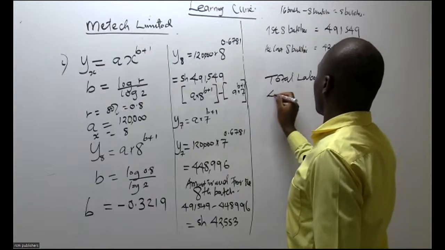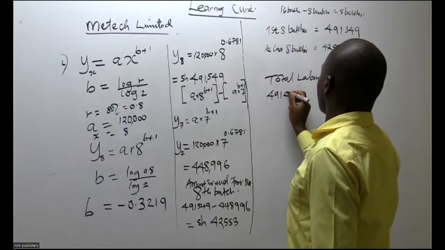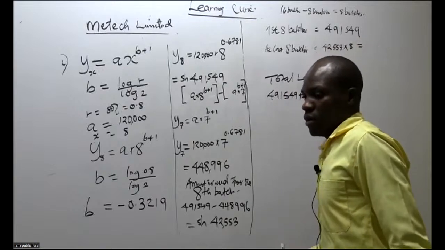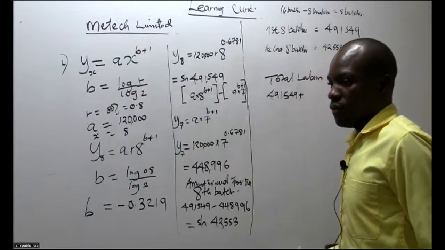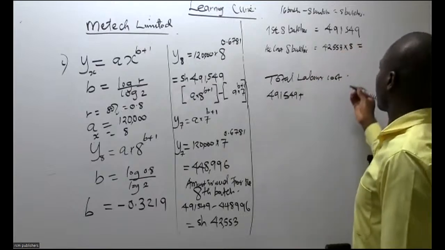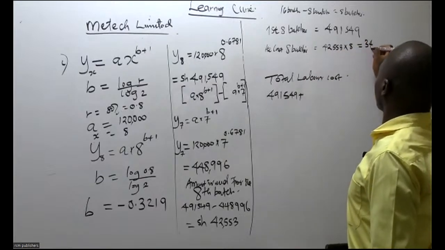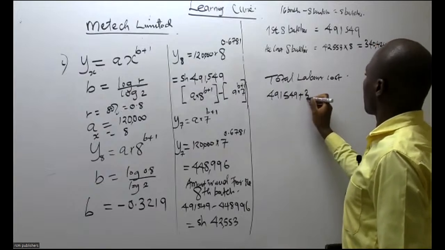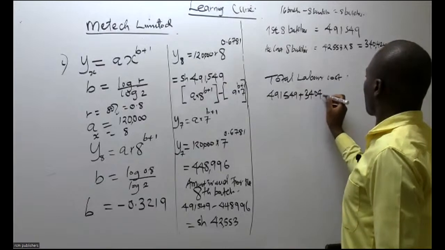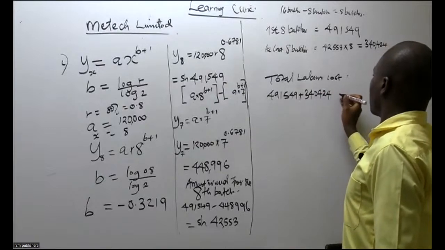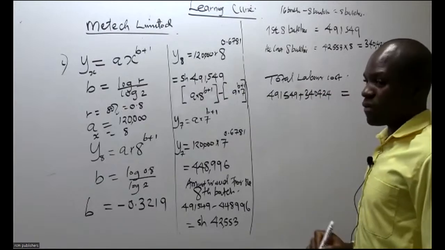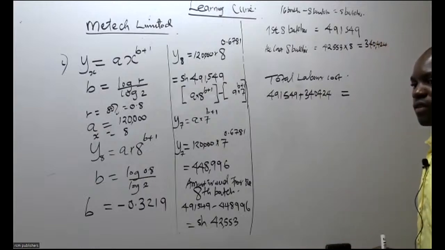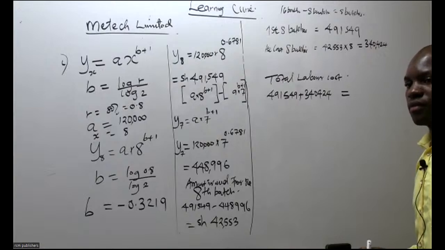Will be 491,549 plus 340,424. If you add everything, how much are you getting?